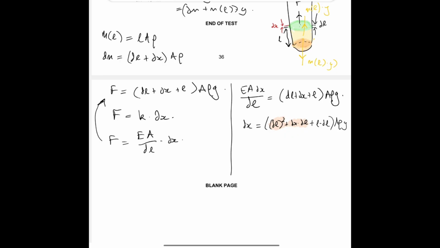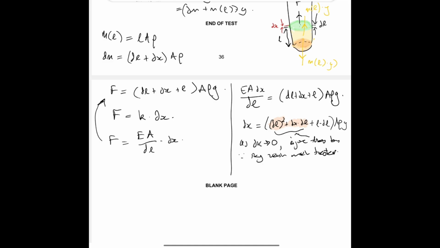So as dx goes to 0, ignore these terms because they vanish much faster.